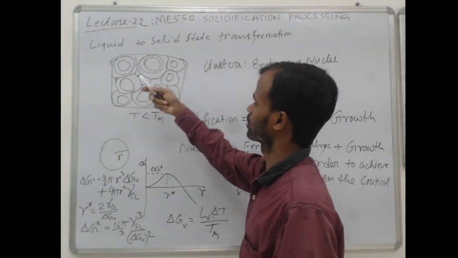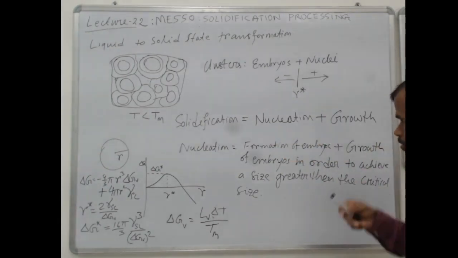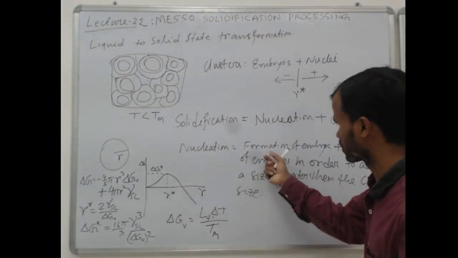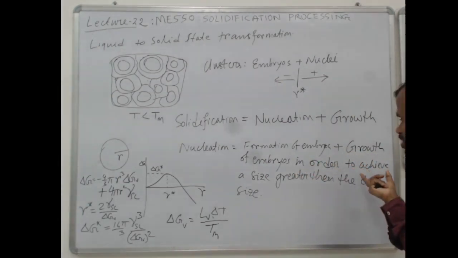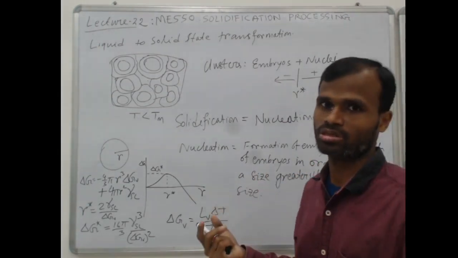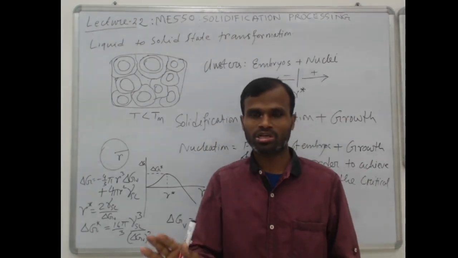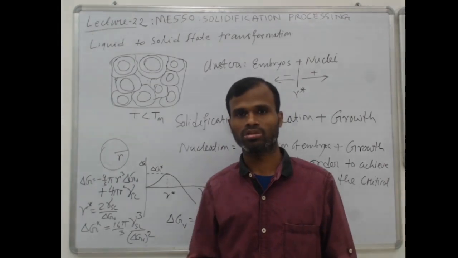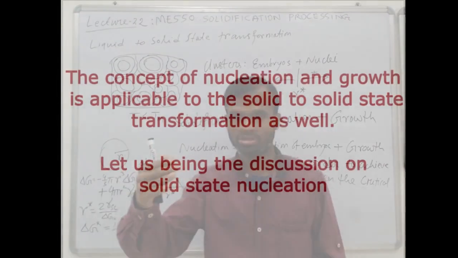The whole liquid transforms into solid by growth of those nuclei. And nucleation is the formation of critical embryos and then the growth of those embryos to a size greater than the critical size. So these are the steps involved in the process of solidification.